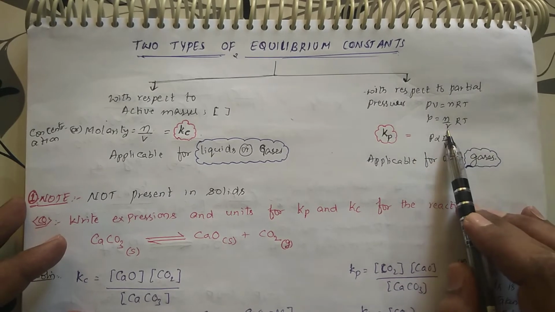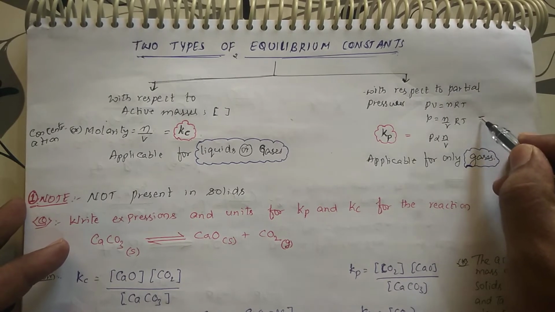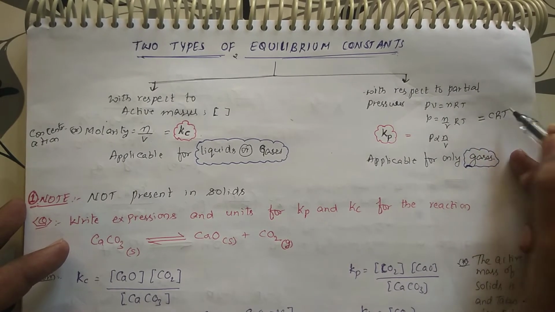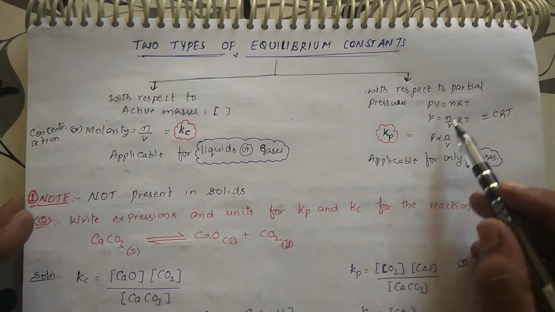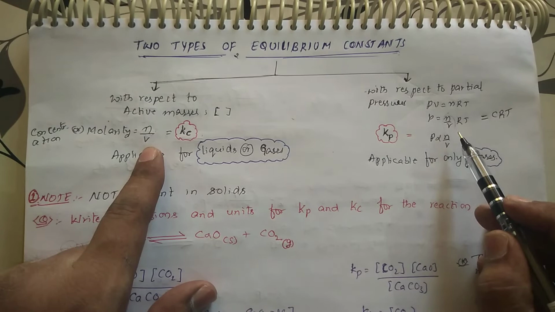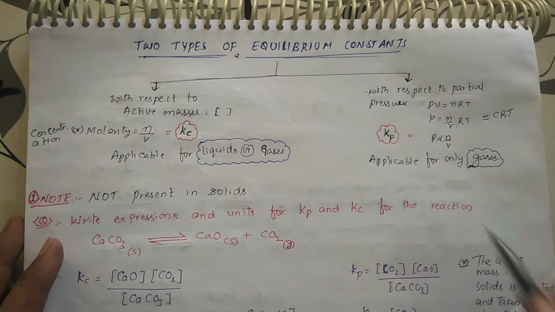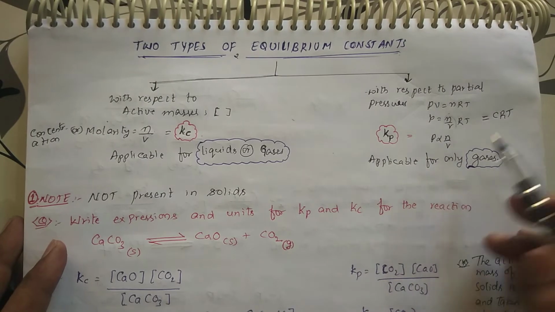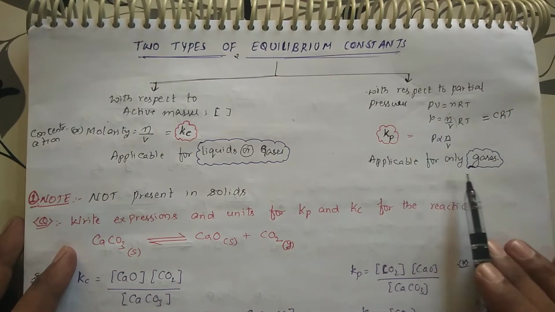And we know n by V is nothing but concentration. So we can write it as CRT, concentration into R into T. So P is directly proportional to the concentration of the solution. And this Kp is applicable for only gases.